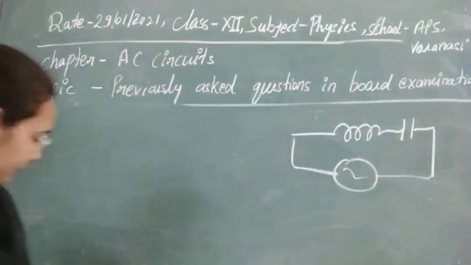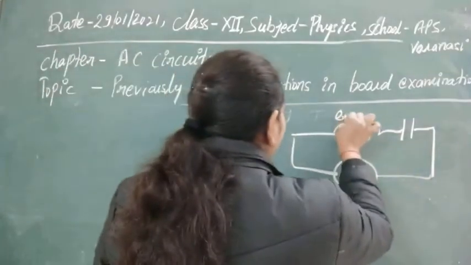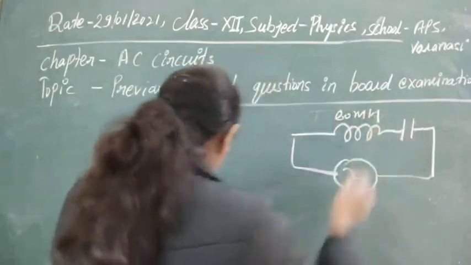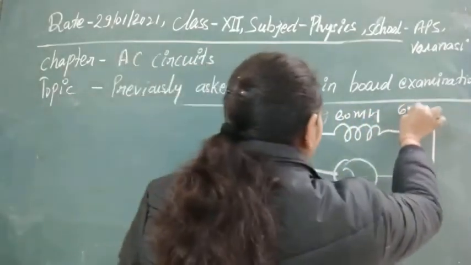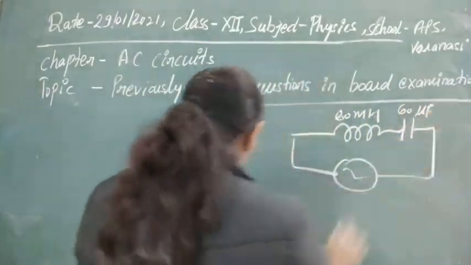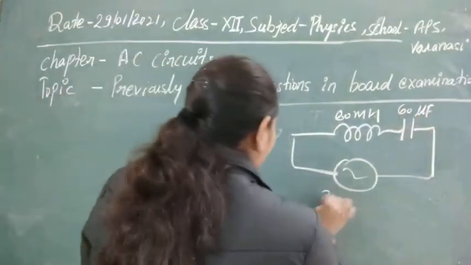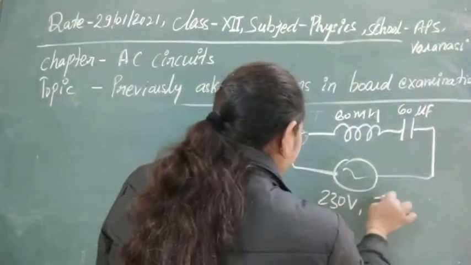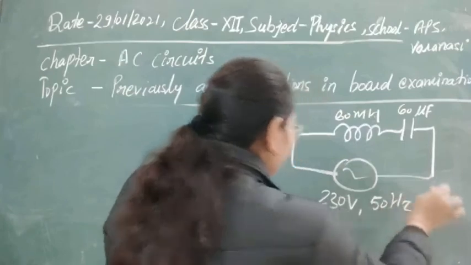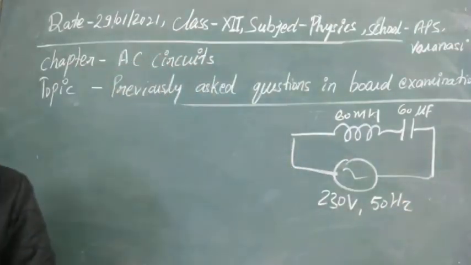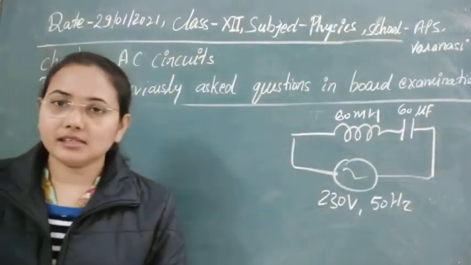The value of this inductor is 80 millihenry. The value of this capacitance is 60 microfarad. And for the supply, 230 volt 50 hertz. Then the resistance in the circuit is negligible.